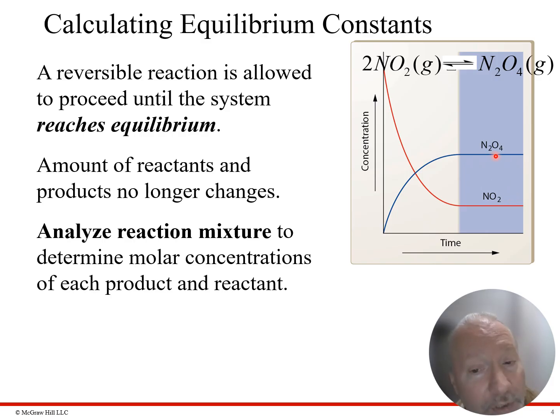But the concentrations are different, as they would be in many reactions. And N2O4 is in greater concentration at equilibrium than NO2. So what would you know? You can think about this: the KEQ certainly has to be greater than 1, because the products are in the numerator. They'll be in greater concentration than the reactant nitrogen dioxide.